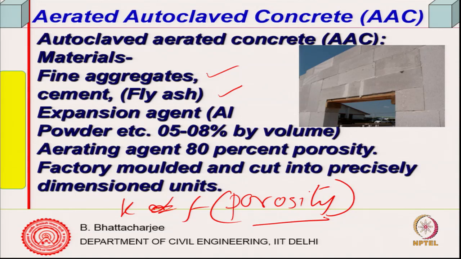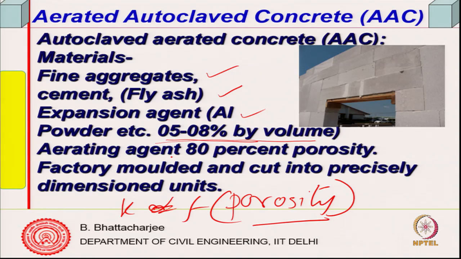Therefore, we try to increase the porosity by doing what? By putting in an expansion agent or foaming agent. Generally people have been using aluminum powder, right. So, this is the percentage by volume.